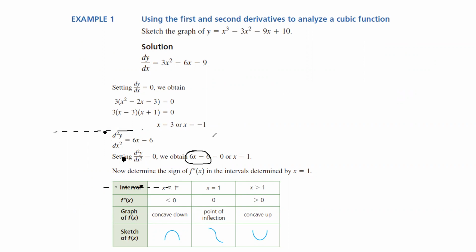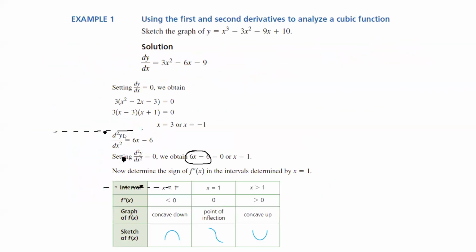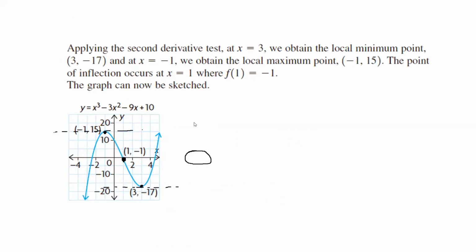If the sign of my second derivative in this point is negative, as it is at x equals -1, and x equals -1 is also a critical point, so this is a local maximum.